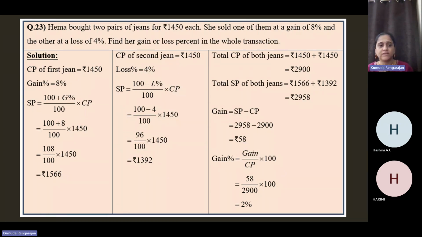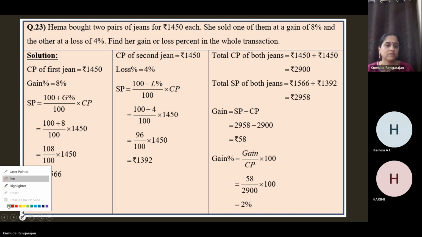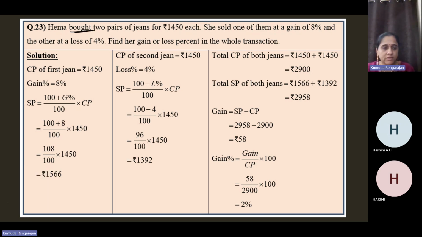Okay, so you can see here that Hema bought 2 pairs of jeans for rupees 1,450 each. Why CP? Because Hema bought. Bought means cost price. Sold means selling price.